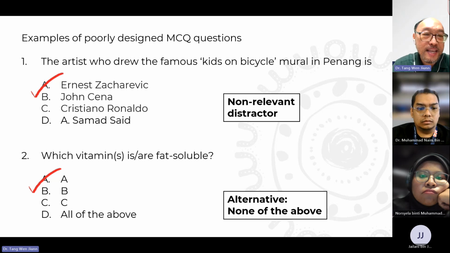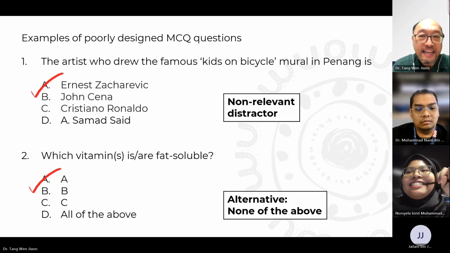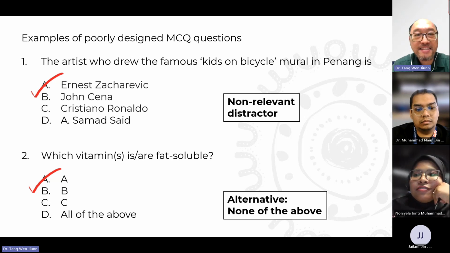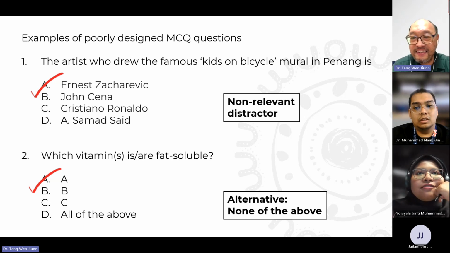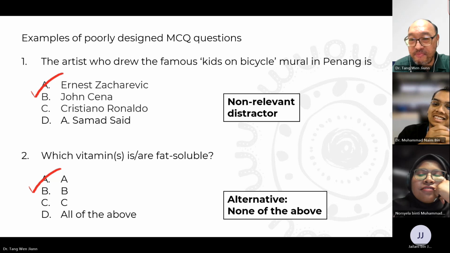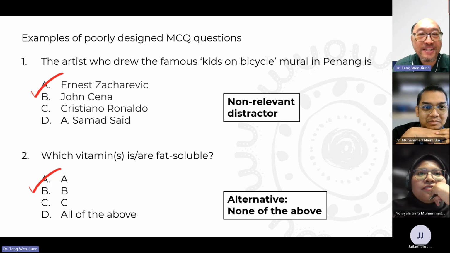Let's choose A, B, C, D. Dr. Naim says A. Jailani and Sheila, just take a guess. Type in your answer. Okay, also A. All right, that is correct. He got sued, not sure how much.